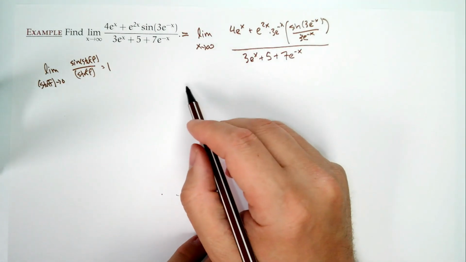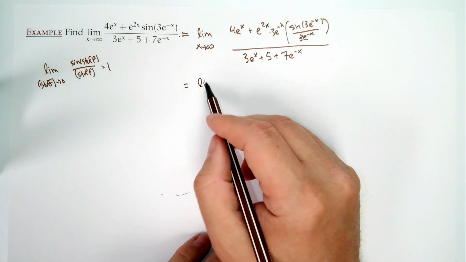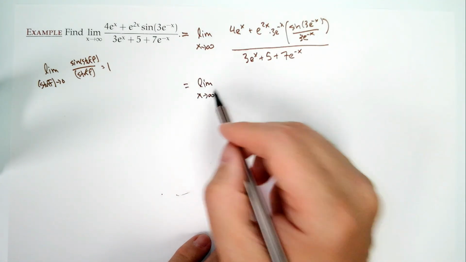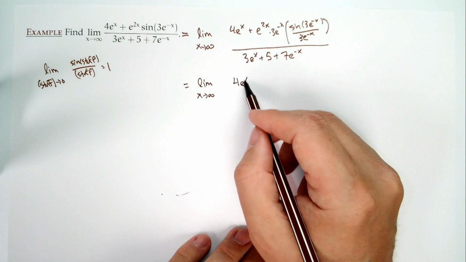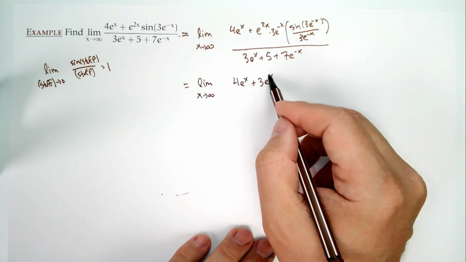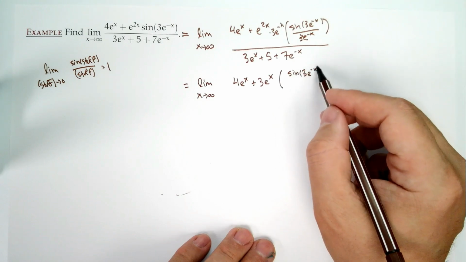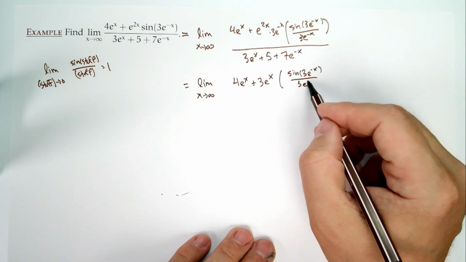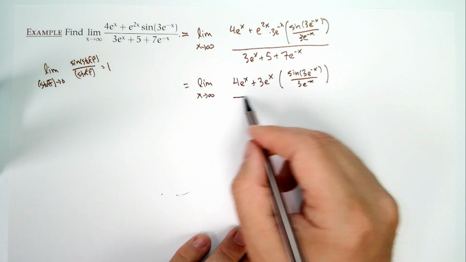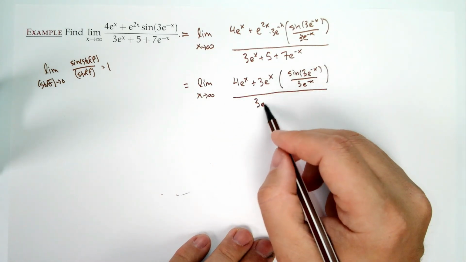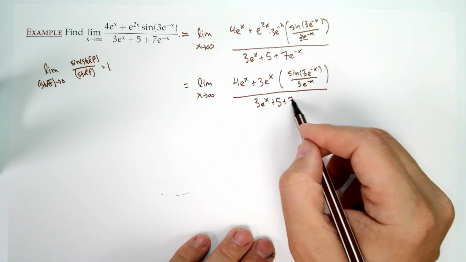So we can write this as the limit as x goes to infinity, 4e to the x plus 3e to the x times this other piece here, sine 3e to the minus x over 3e to the minus x, all divided by 3e to the x plus 5 plus 7e to the negative x.